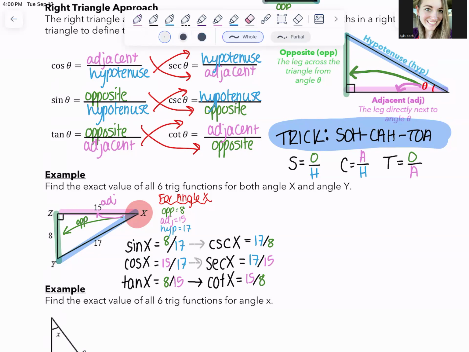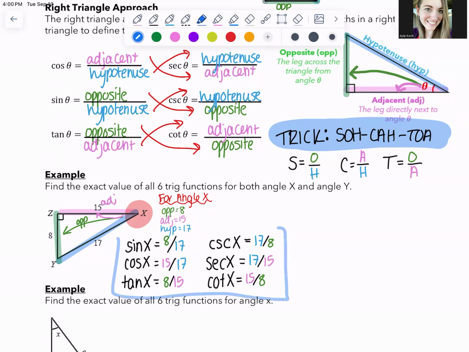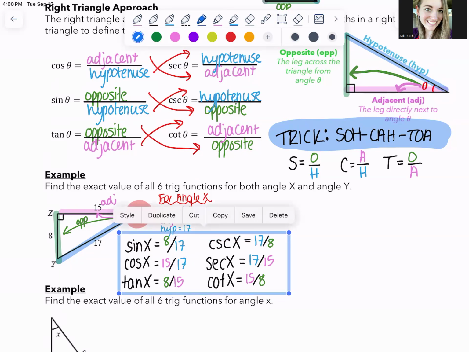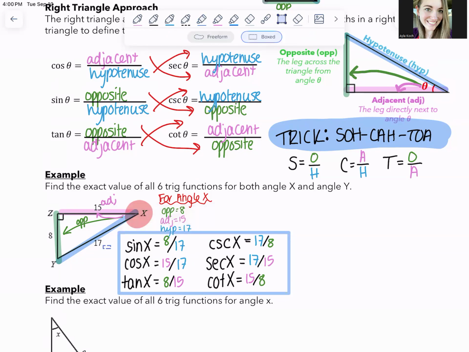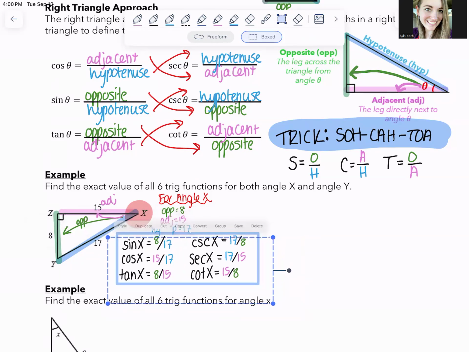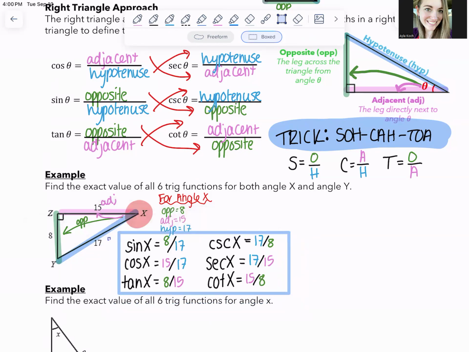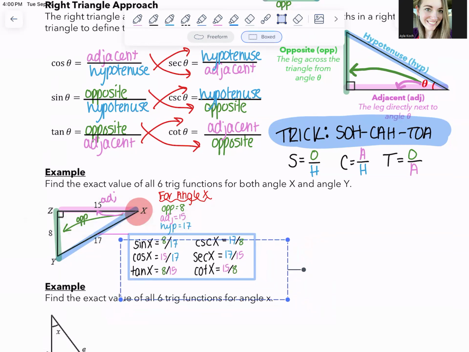Right, and there they are. Those are for angle x. And I might just make them a teeny bit smaller. Just a tiny bit smaller there.